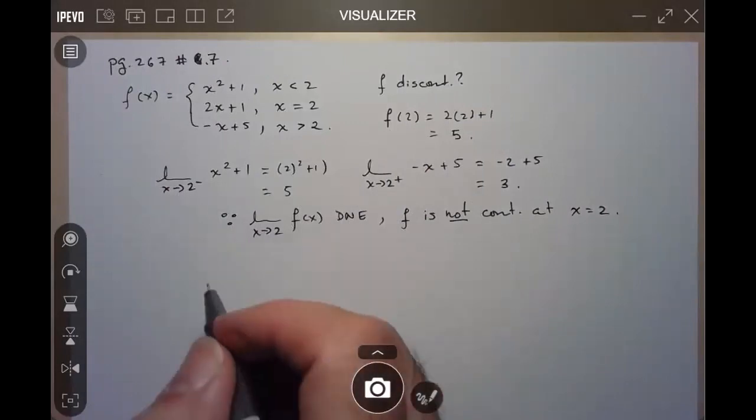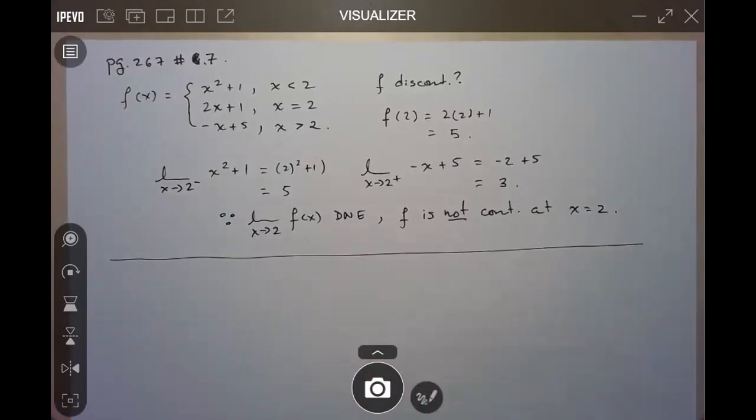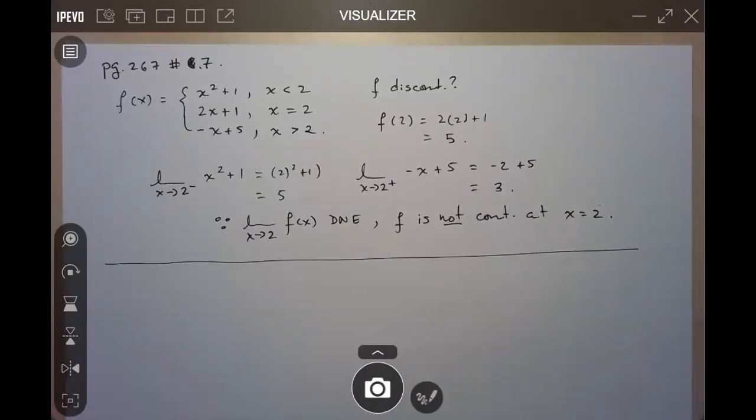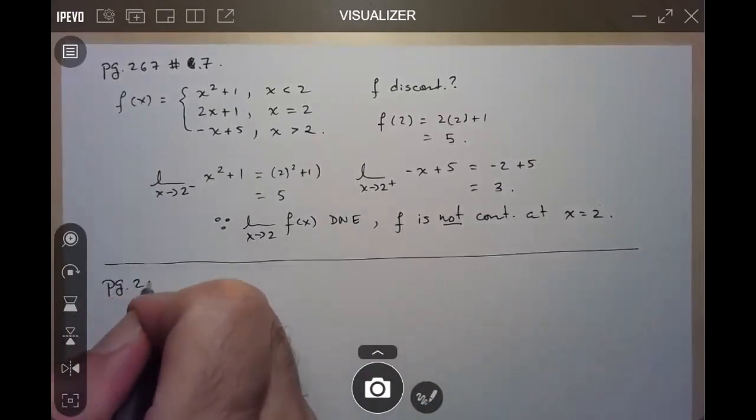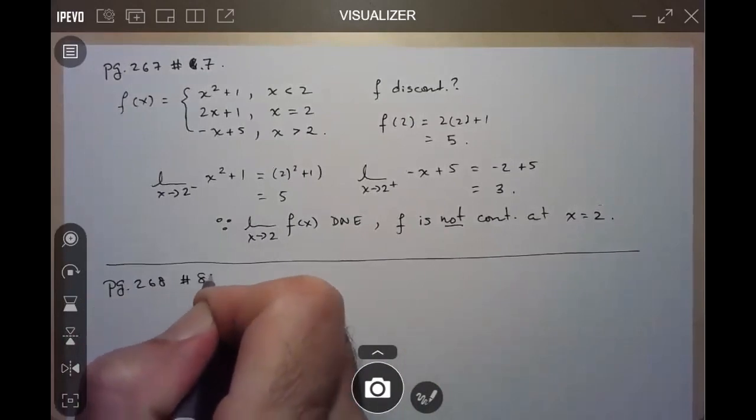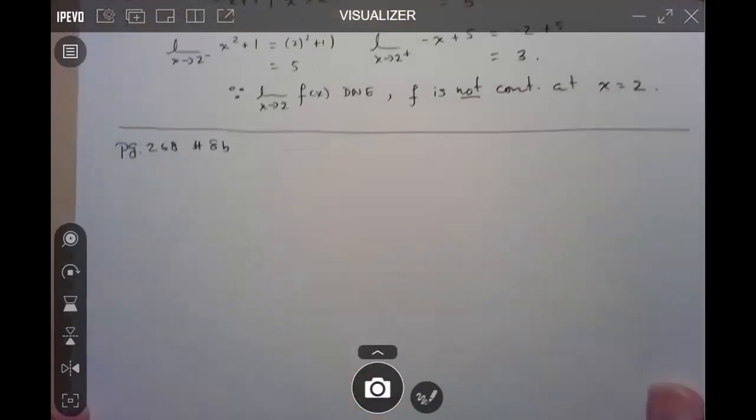No? Okay, so let's move on to the next one, 8b. So that's page 268. All right, so let's see what 8b has in store for us.